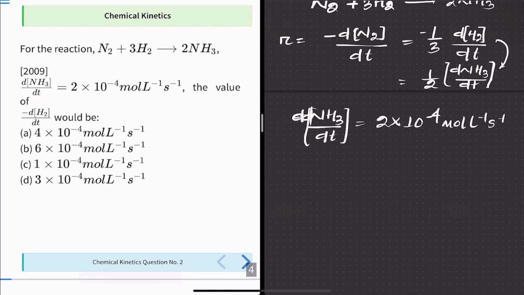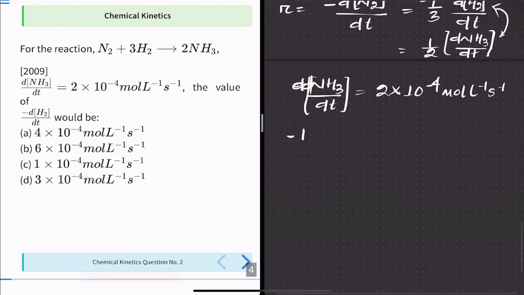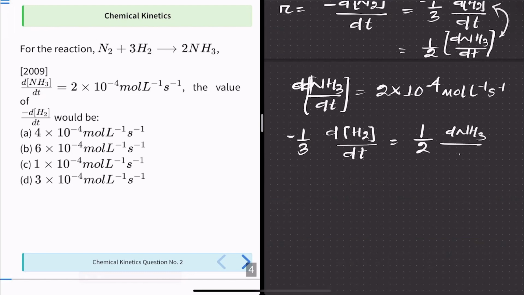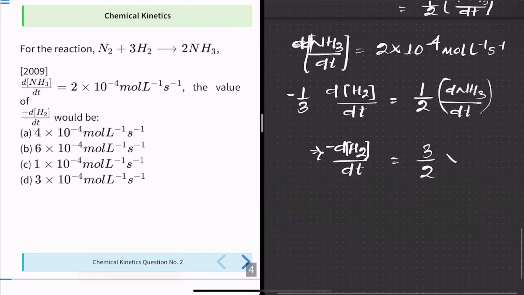Let's equate these two equations. 1 by 3 dH2 by dt is equal to half of dNH3 by dt. So minus dH2 by dt would be 3 by 2 times the value of dNH3 by dt. dNH3 by dt is given as 2 into 10 to the power minus 4.